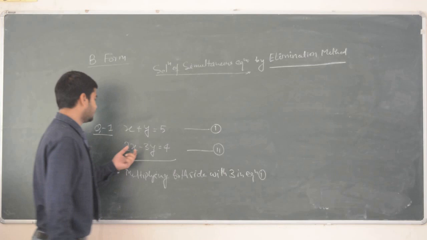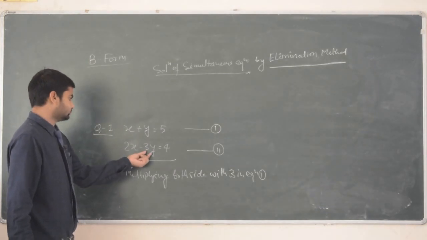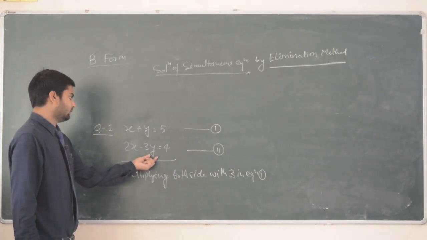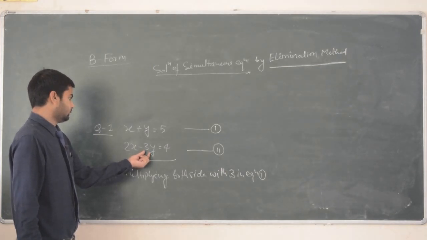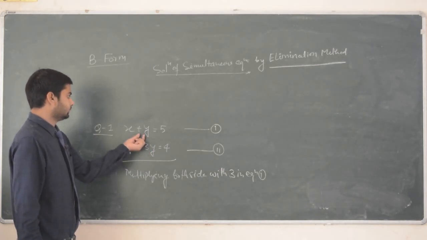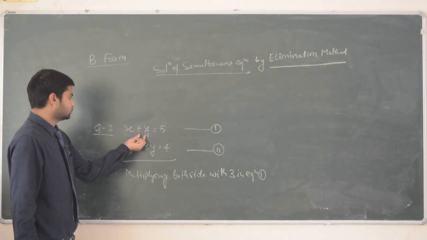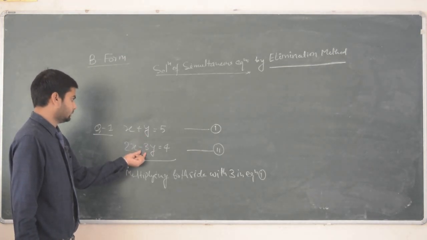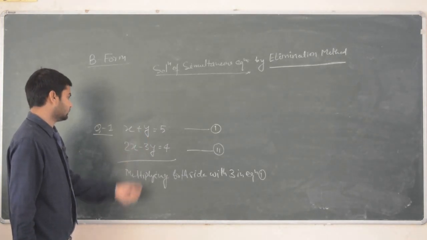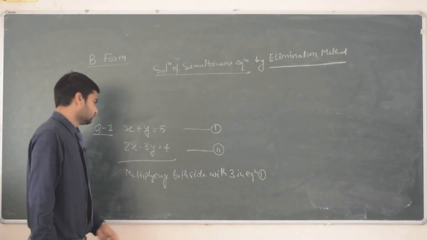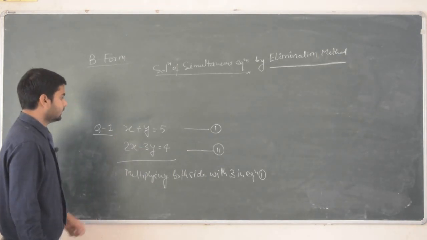How do I know I have to multiply by 3? Because in equation 2 we have minus 3y, and if we want to eliminate y, here we must have plus 3y. That way, whenever we add equations 1 and 2, plus 3y and minus 3y get cancelled out. That's why I am multiplying by 3.